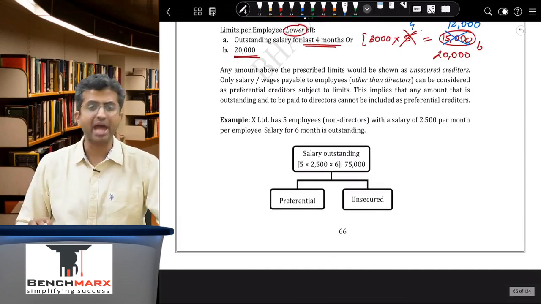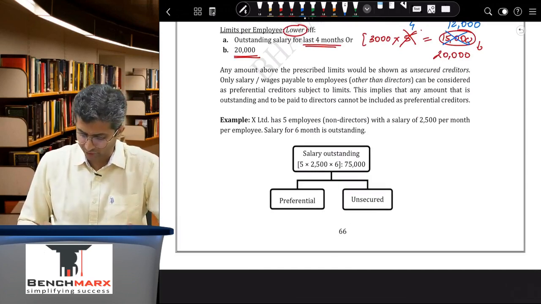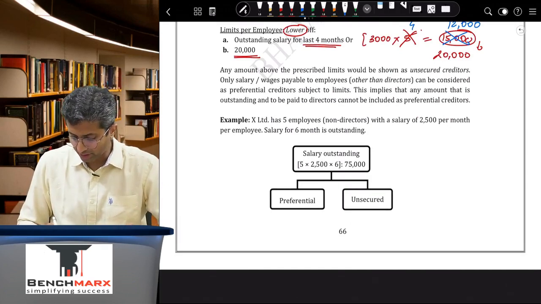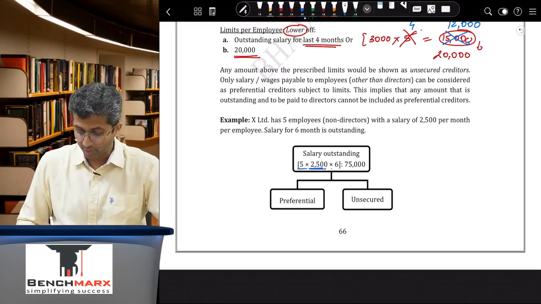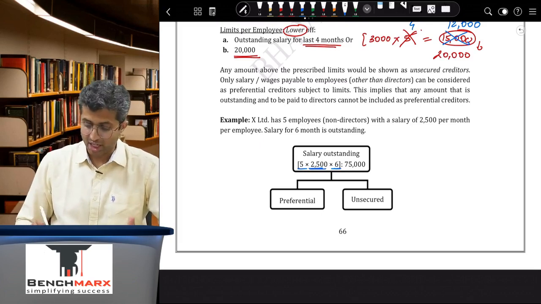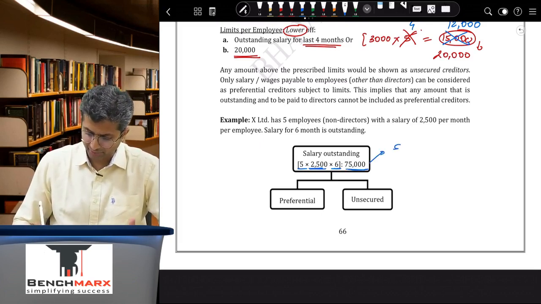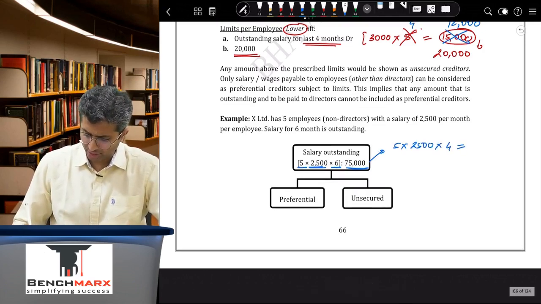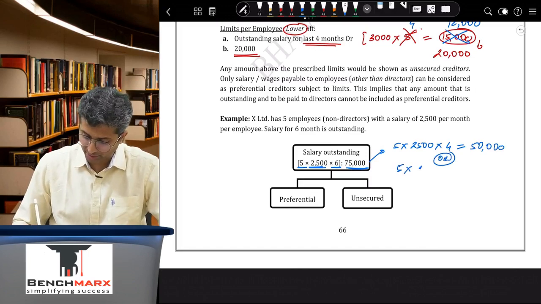We have given an example also over here which can be referred. So there are 5 employees having 2,500 of salary, which is outstanding for, let us say, 6 months, which comes to 75,000. But out of this 75,000, we can say that for 5 employees, it is 2,500 per month into 4 months, so this is 10 into 50,000, or for these 5 employees, the limit of 20,000 is per employee.